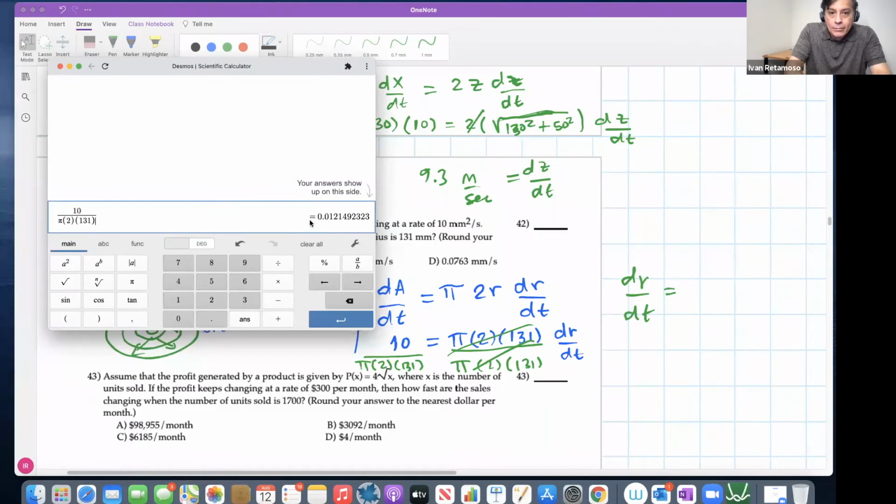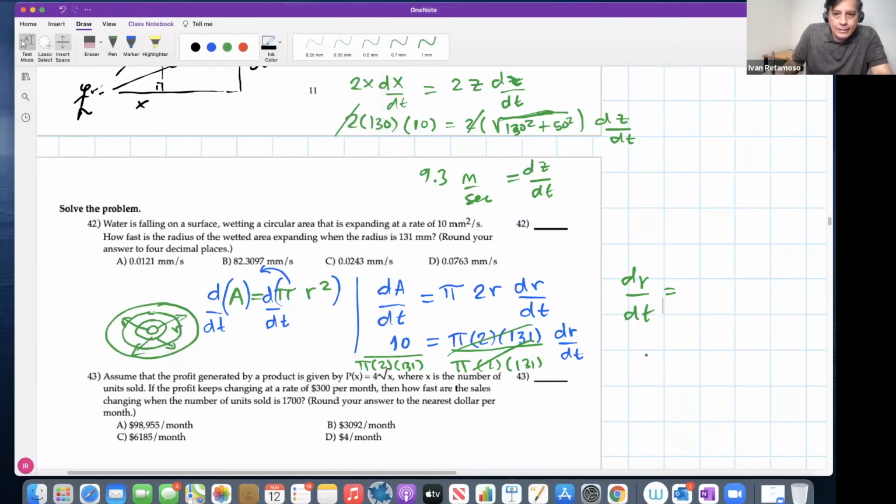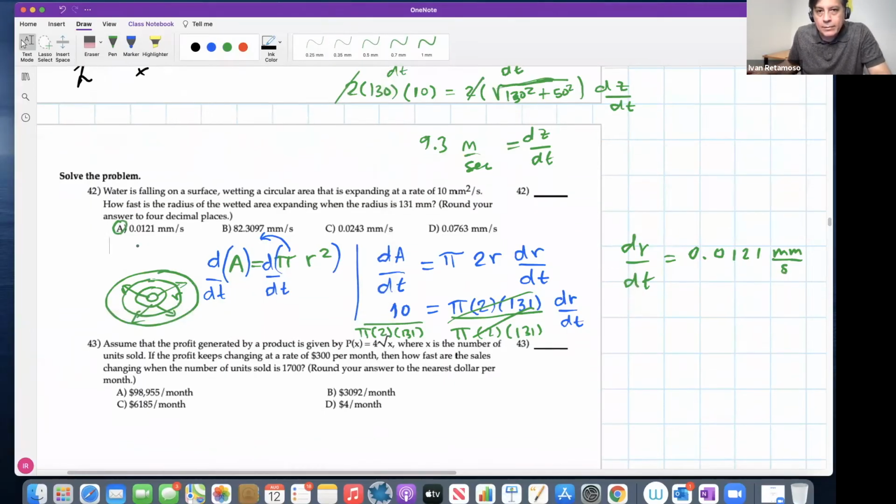I'm going to round it to 4 decimal places as requested. So this is it, 0.0121. In the end, feel free to attach the units, millimeters per second. That's it. Very good, very good. That's 42.